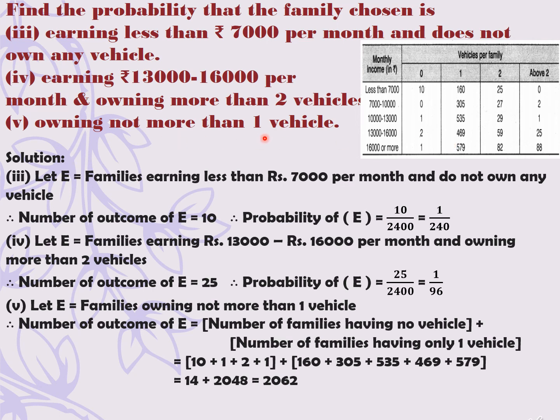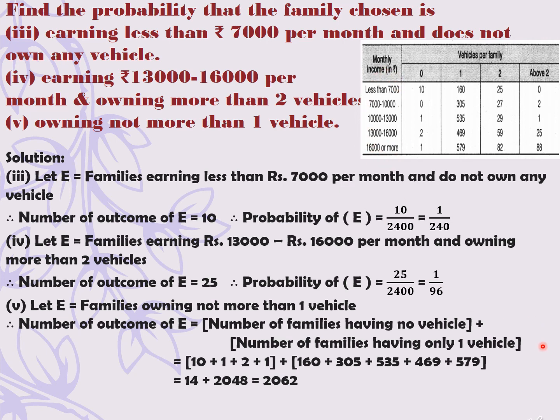So either 0 or 1 car should be there in the families. Hence, if the event is families owning not more than 1 vehicle, the number of outcomes for this event would be the number of families having no vehicle and the number of families having 1 vehicle, because we will not choose the monthly income as it is not the parameter.